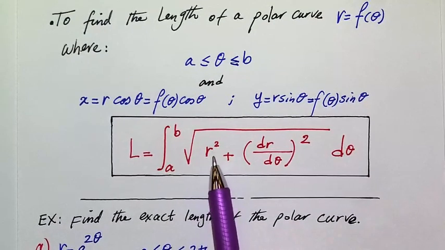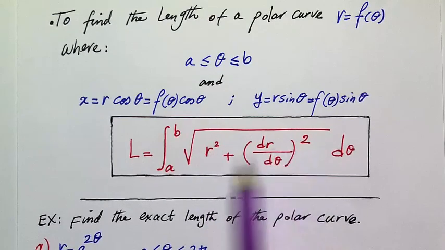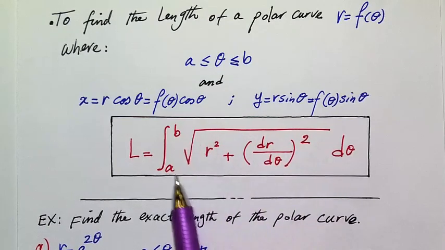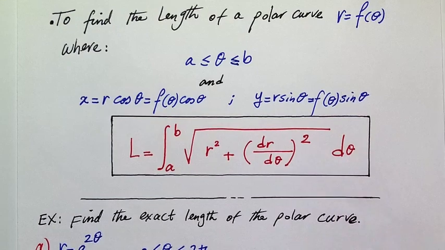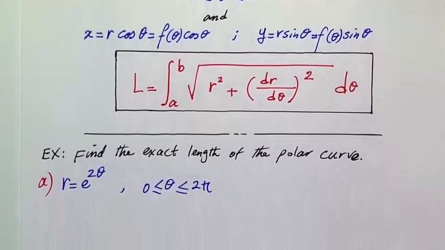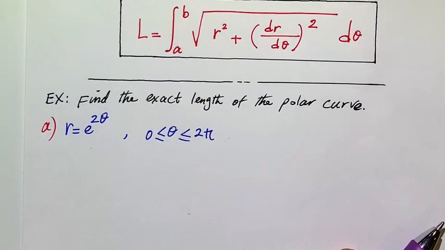R squared, so the polar equation is squared, and then the derivative of the polar equation is squared. Added to that, take the square root, integrate from A to B, which are the limits of integration for theta. Okay. All right, so let's start with this example.